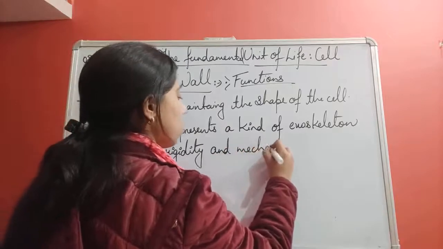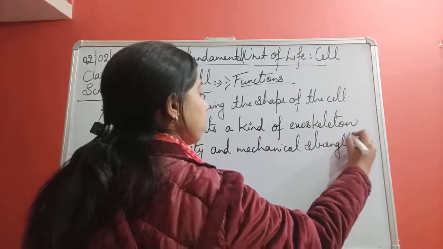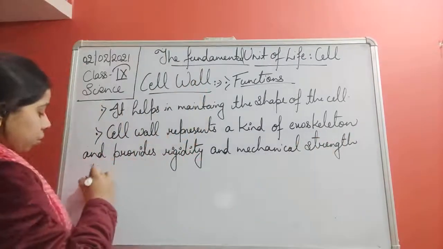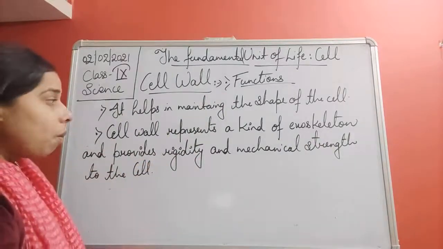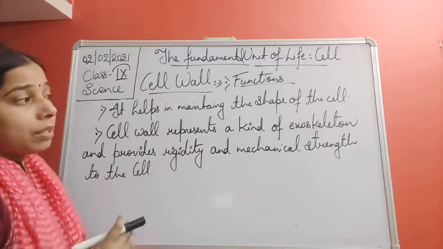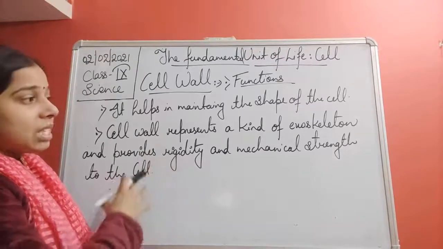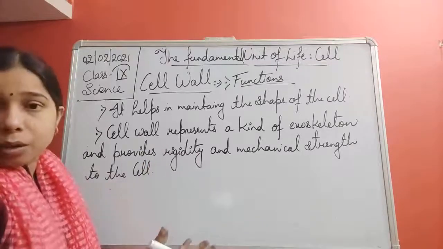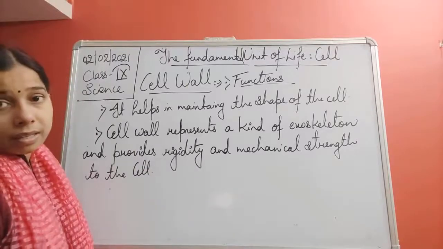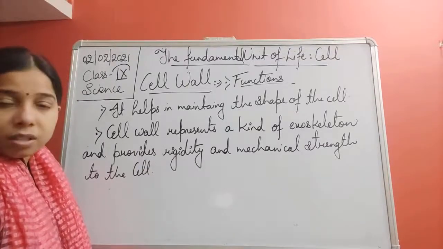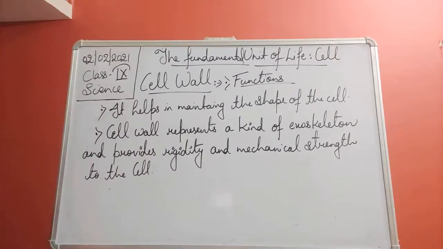Okay, so the cell wall represents this outer skeleton. It acts as an outer skeleton, so we will call it an exoskeleton. And since it is an exoskeleton, it helps in providing rigidity and mechanical strength to the cell. Next one, students.